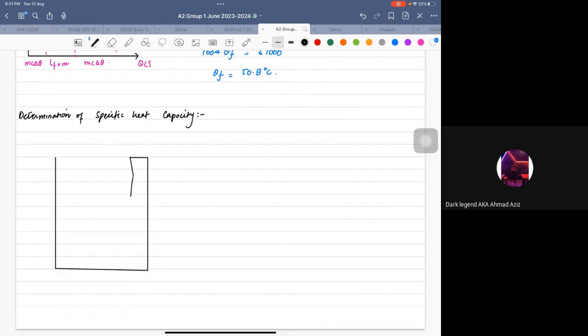So basically, you need to have a block like this, and then you must drill some holes in it like this. Wait, Samir, how are you? Like that. Wait a second.